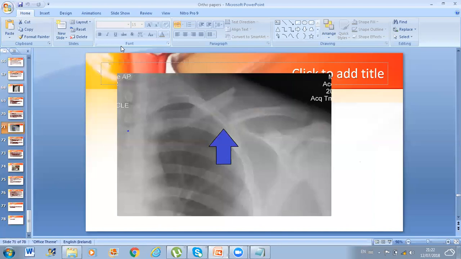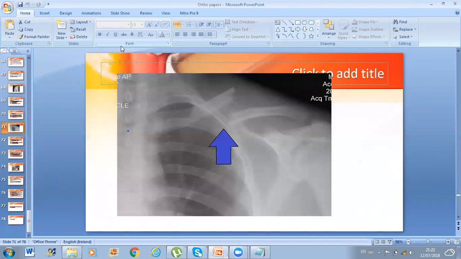Why don't we call it absolute and relative indications? Absolute: open fracture, skin tenting, vascular injury, neurovascular deficit. Relative: floating shoulder, shortening of 15 to 20 mm, and comminution.